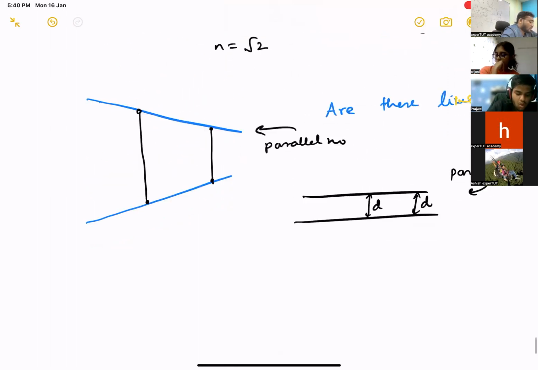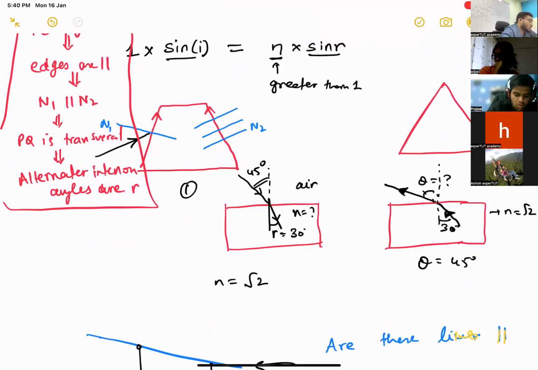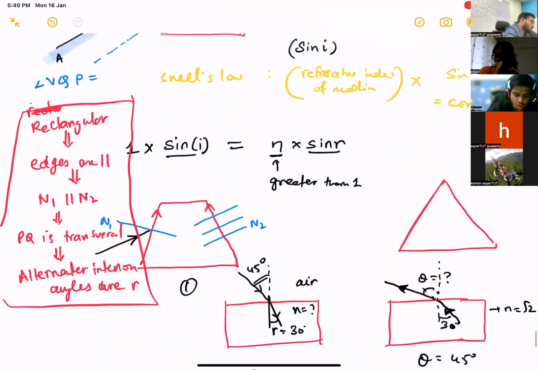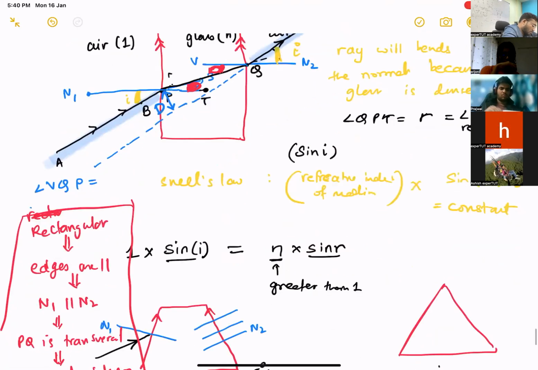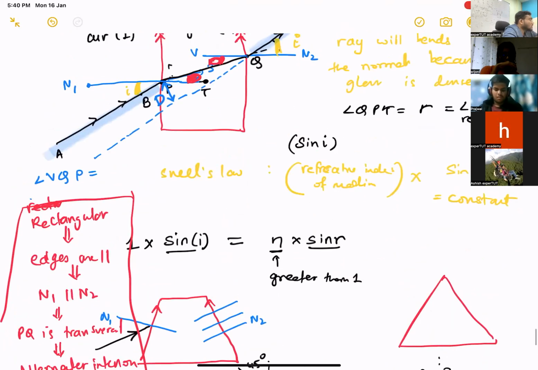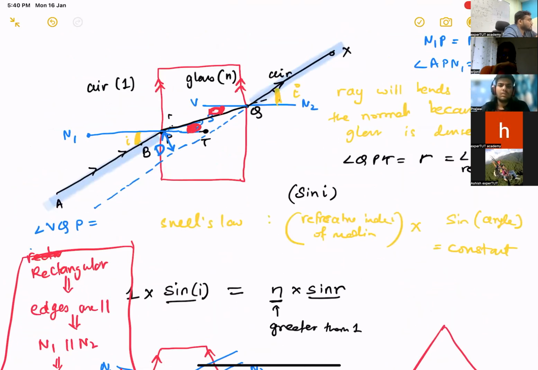ठीक है. अब देखो लाइन में क्या है, प्रिज्म में हमने देखा कि N1 is parallel to N2 पढ़ा था और PQ ट्रांसवर्सल था. उसी वजह से लैटरल रिवर्सल हुआ ना. ये जो R बराबर हुआ है, ट्रांसवर्सल था, राइट.